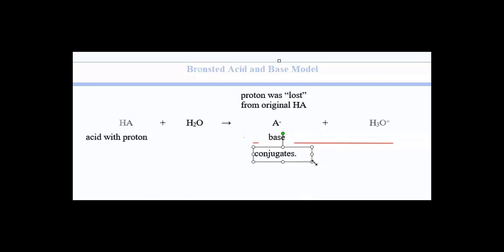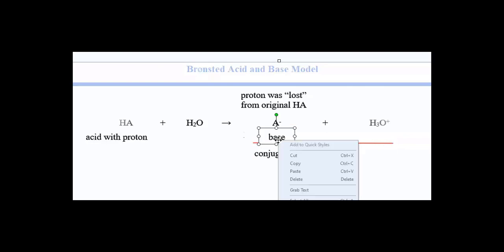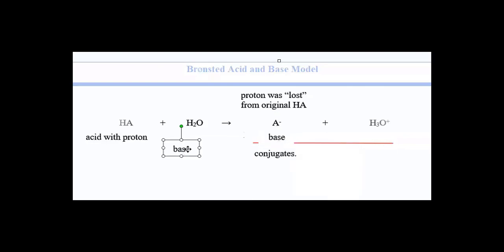This substance, therefore, must be the base on the reactant side. This material, H2O, right now in this reaction, must be acting as the base. We can double check that, because a base is a substance that picks up an H+. Here it has 2 hydrogens, and now our water is converted. It's now got 3 hydrogens and a positive charge. It's picked up a proton.